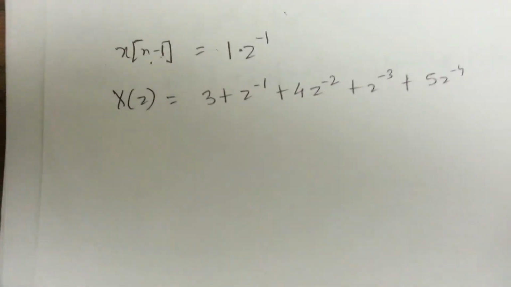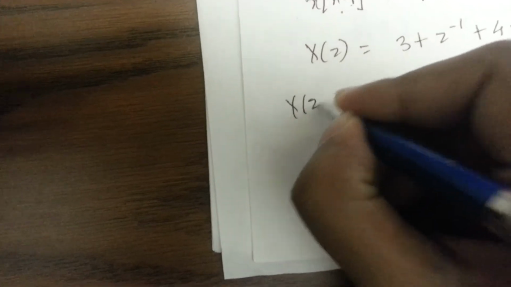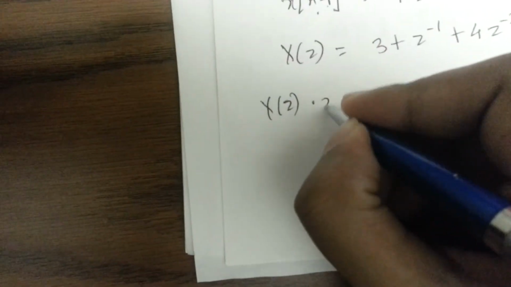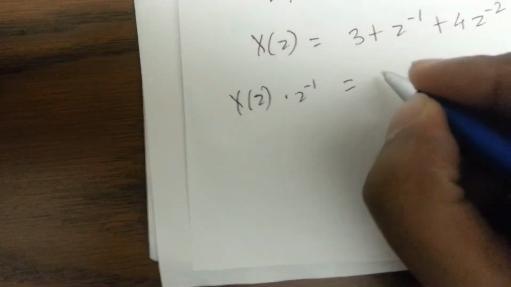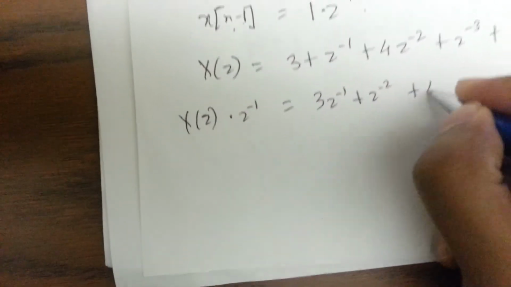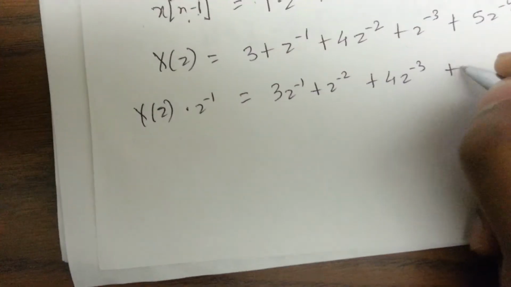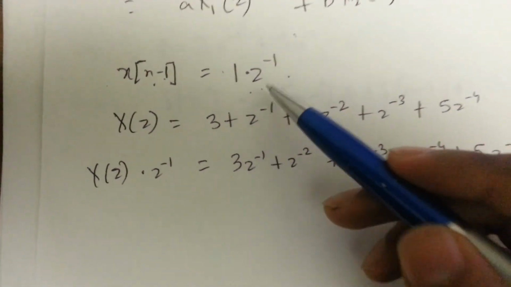If you add a delay of 1 to it, this expression will get multiplied by z to the minus 1 that we just calculated. So this will become 3z to the minus 1 plus z to the minus 2 plus 4z to the minus 3 plus z to the minus 4 plus 5z to the minus 5. So they all get multiplied by z to the minus 1.